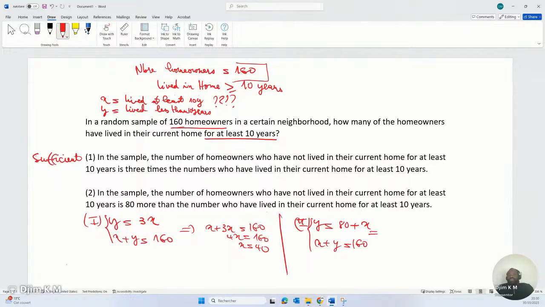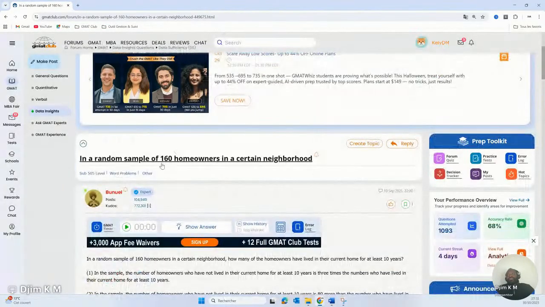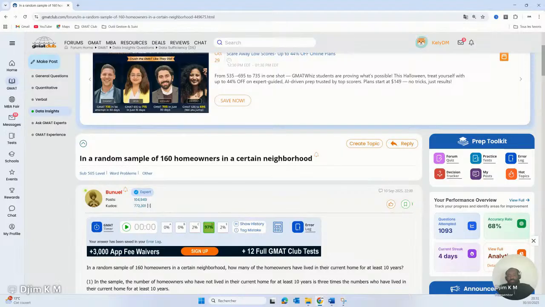So we can replace here. This will give us x plus 80 plus x is equal to 160, 2x is equal to 80, x is equal to 40. Okay, so this is also sufficient. So the answer is answer D. Let's check that. Yeah, so answer D.